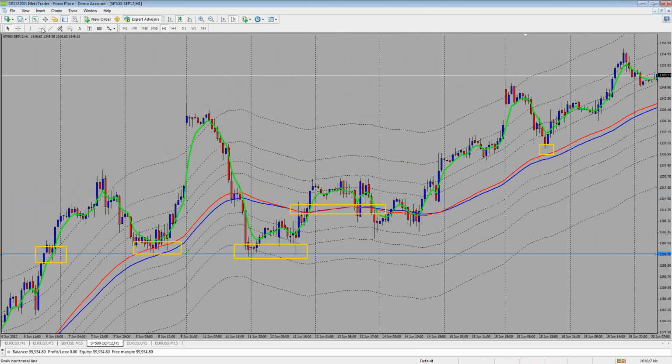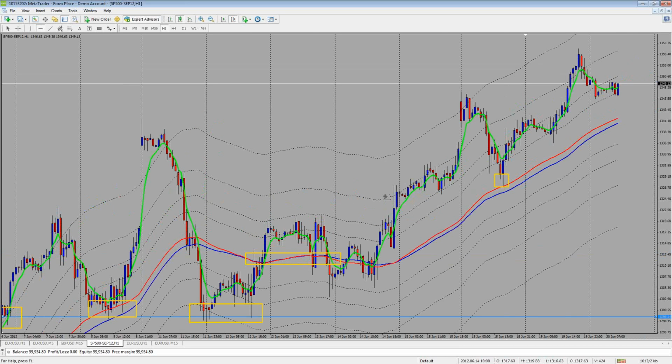Or for example, let's take this example here, more or less. We see support around here, and the price is going down, and you see how it found support around this level, the 89 Fibonacci level.